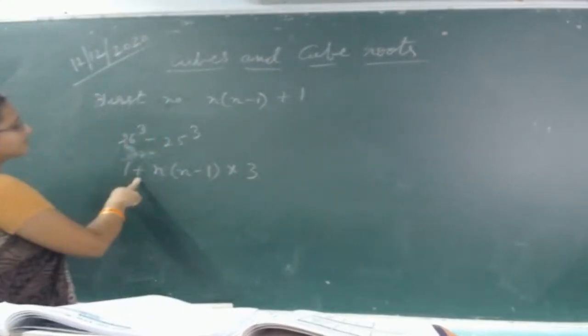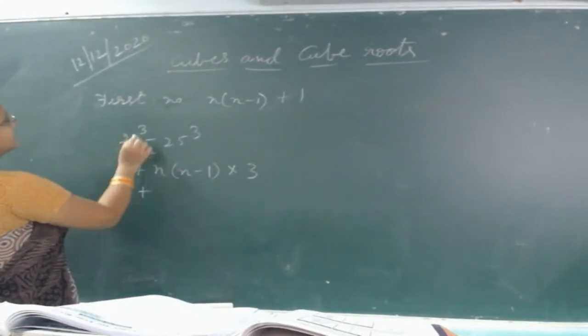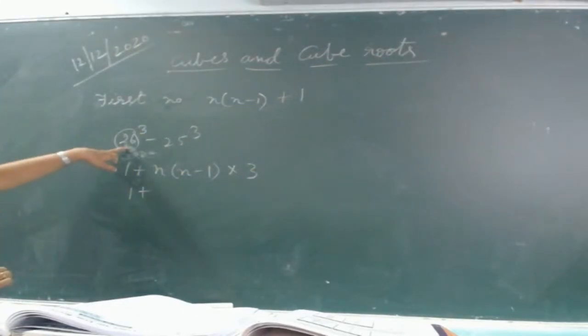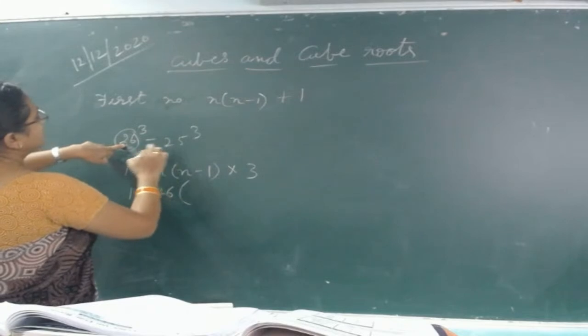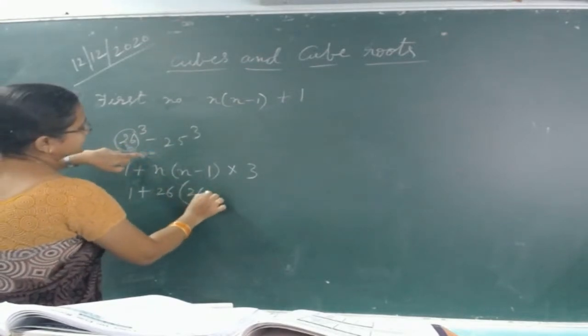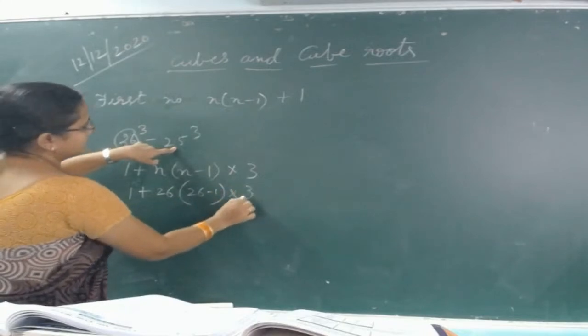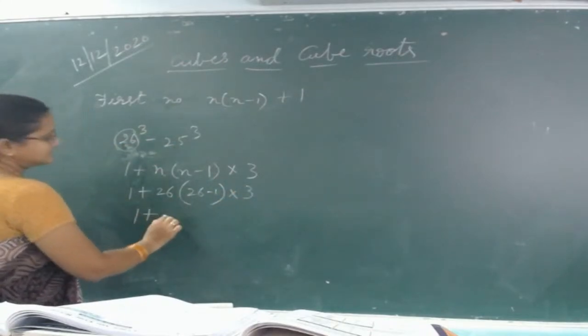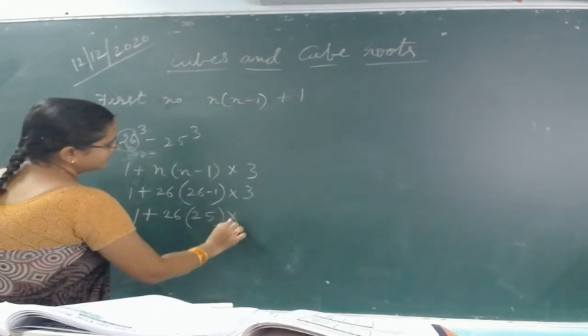Here you consider the bigger number as n. So take 26 as n, and n minus 1 is 26 minus 1, so the smaller number automatically comes. That is 1 plus 26 into 25 into 3.